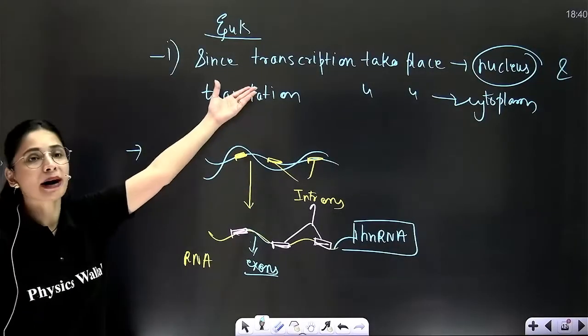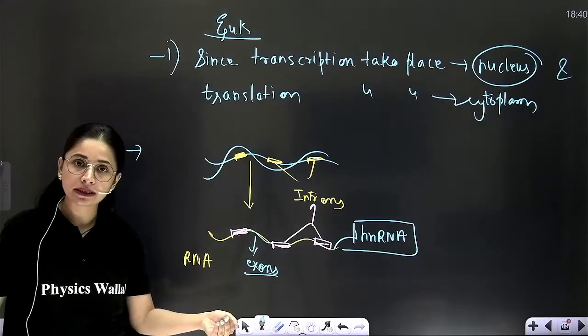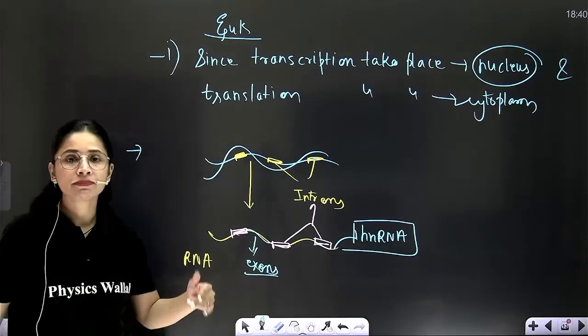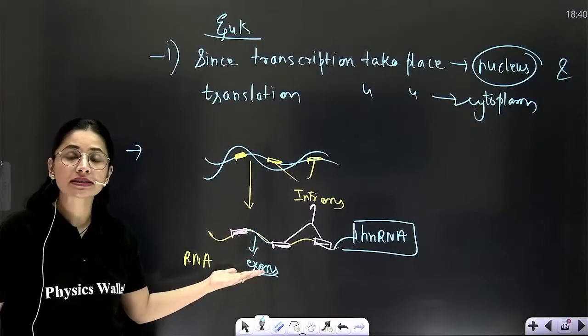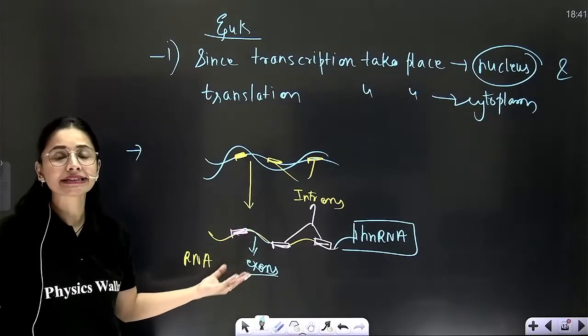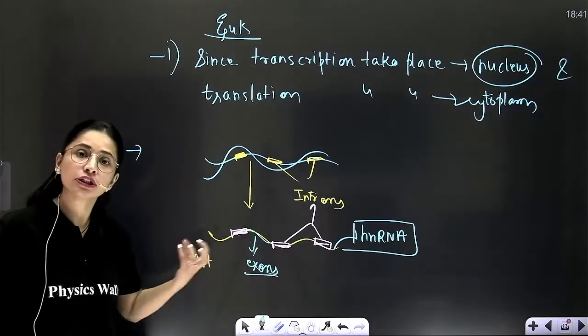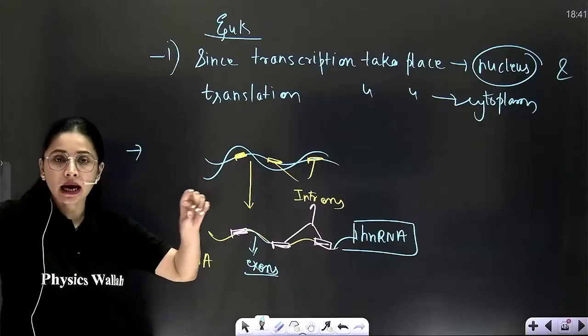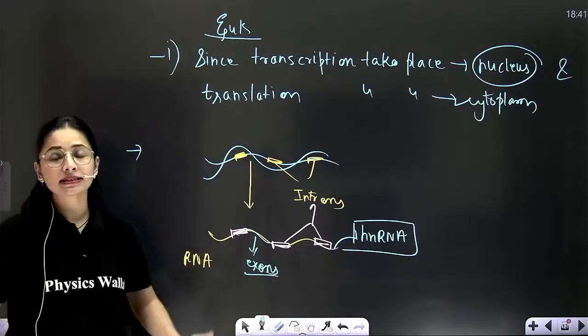First reason is the compartment is different. Till the time RNA does not come out of the nucleus, the process cannot start. Second, the RNA obtained in eukaryote is heterogeneous. Why? It is rich in both introns and exons. Therefore, first introns need to be removed. A common RNA, a homogeneous RNA, has to be synthesized. Then only translation can start.